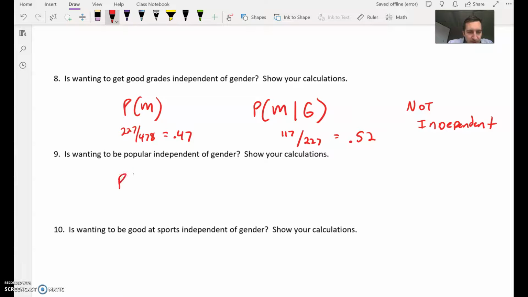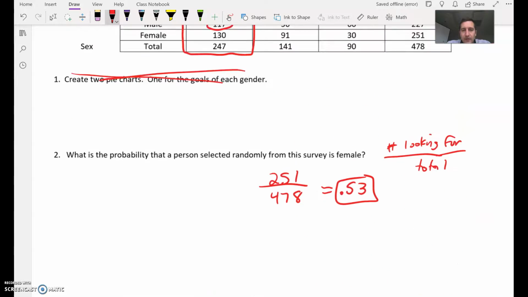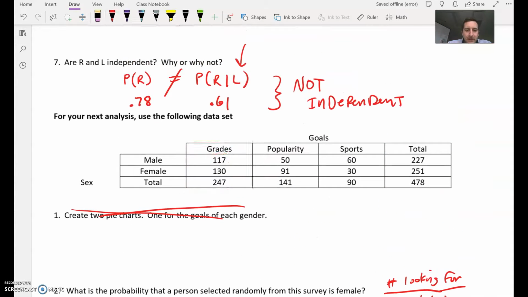So is wanting to be popular independent of gender? So we need to find the probability of being a male again. Let's just use that, which is 0.47. You need to compare that to the probability of being a male given that you want to be popular. So here is the given you're popular. So that's the condition we're zooming in on.